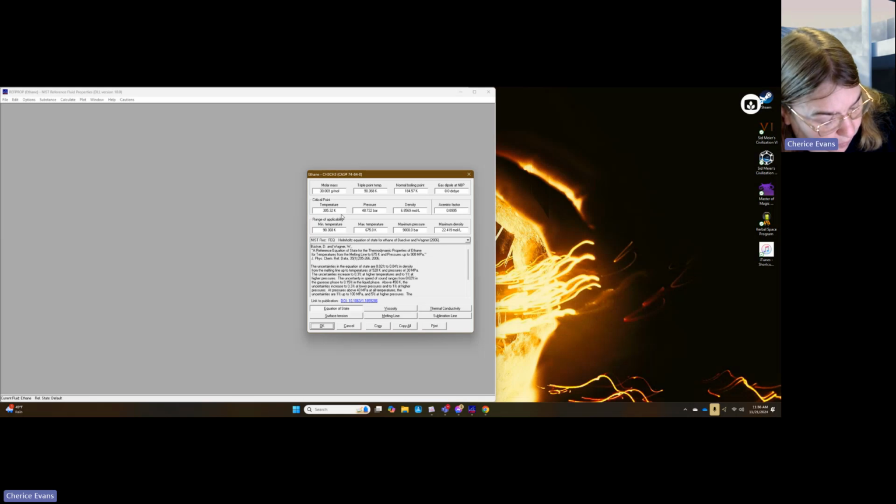So you can see for ethane, the critical temperature is above room temperature. So that means ethane's a gas at room temperature. Critical pressure and the critical density.